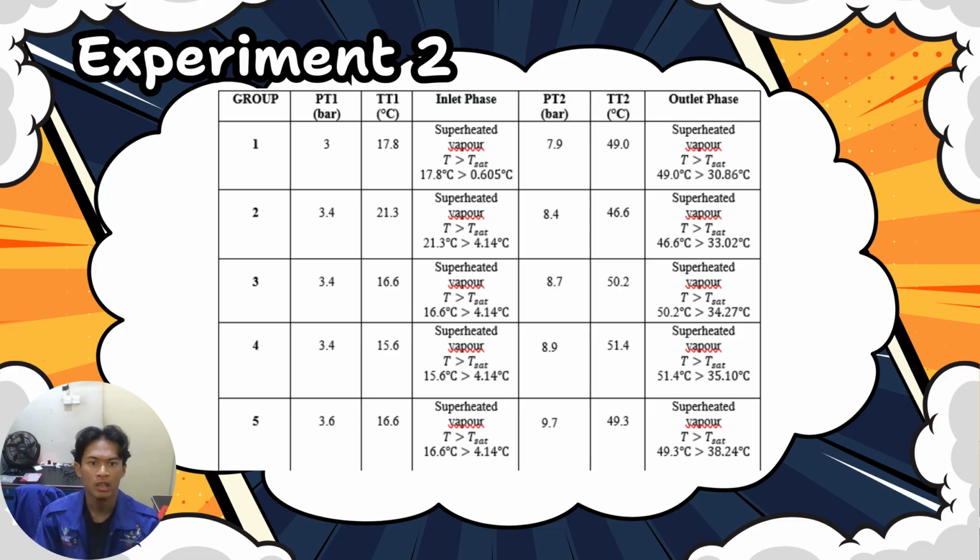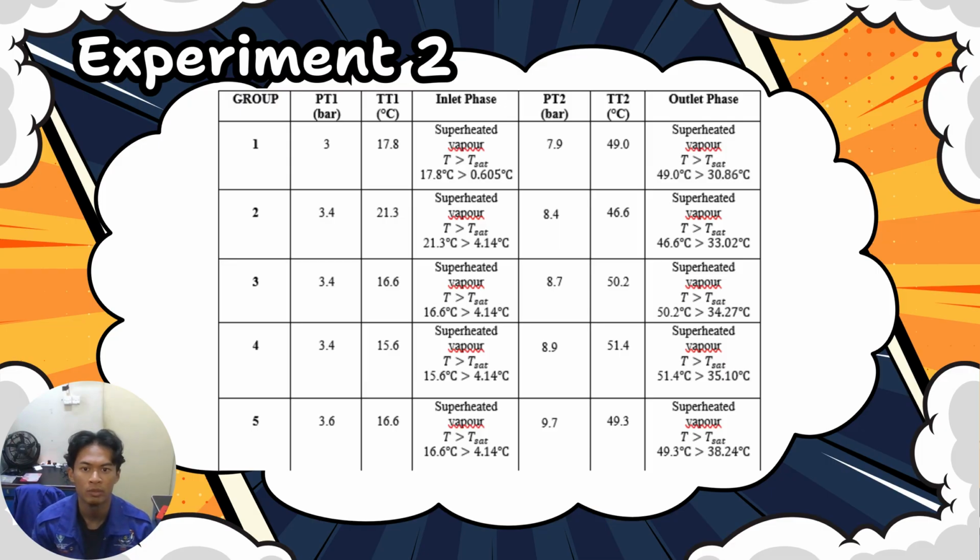And then we also look at the outlet phase, where the outlet pressure is 7.9 bar and the temperature is 49 degrees Celsius. It is also in the superheated vapor phase, where the T from the experiment is greater than T saturated. Then we can see here at group number 2, where the inlet is 3.4 bar and the inlet temperature is 21.3 degrees Celsius.